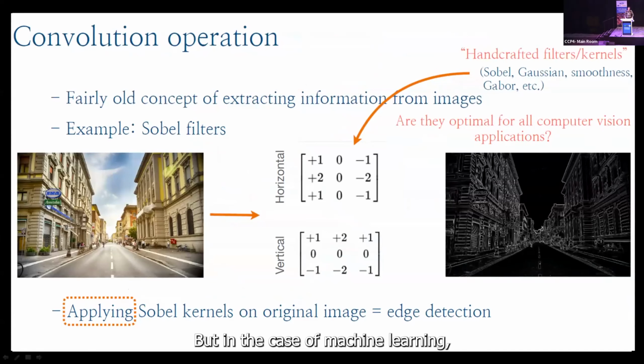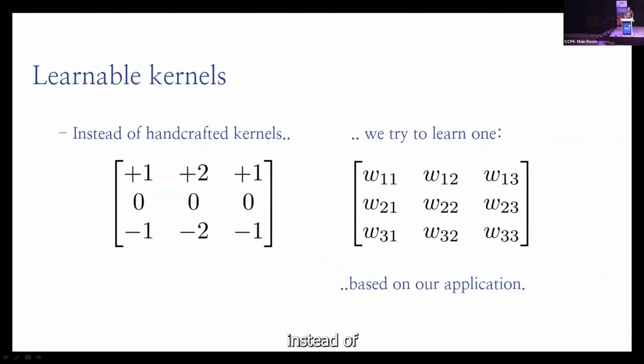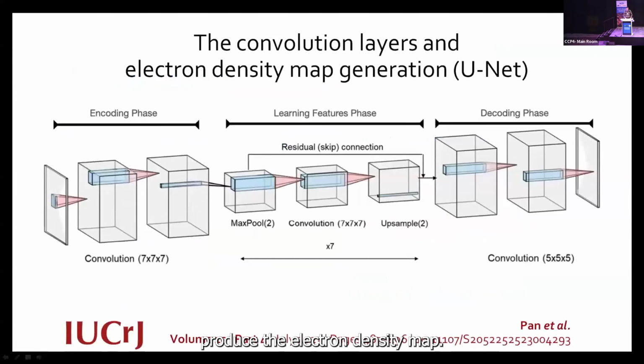But in the case of machine learning, instead of using a handcrafted kernel, we treat each of the weights of the kernel matrix as variables and then try to determine what those weights should be to extract the desired features we need to produce the electron density map.